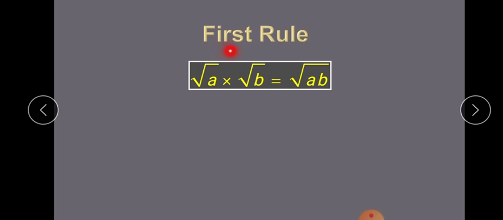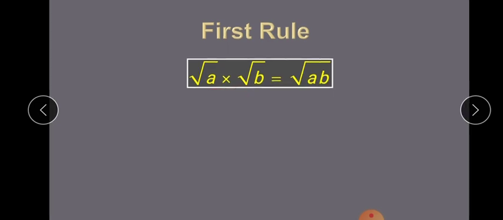Okay. Now let us learn the rules. Rules of multiplication. How to multiply two surds? Root a into root b. As we have seen here, we are multiplying two surds and both have different values.